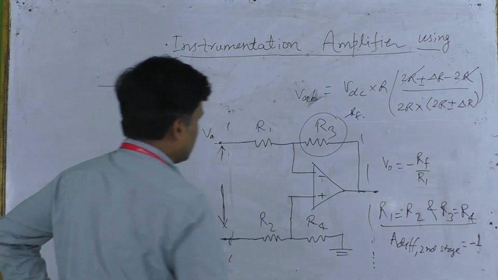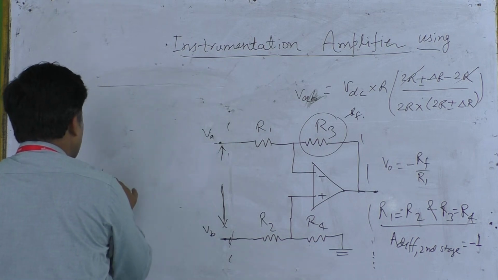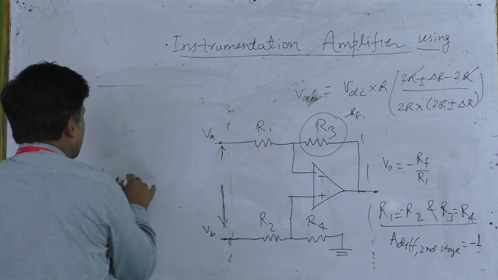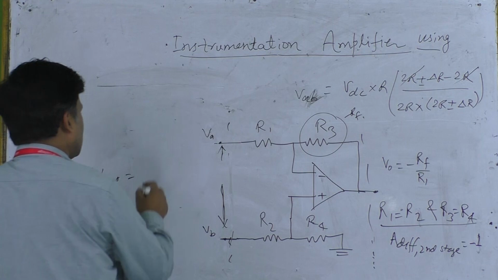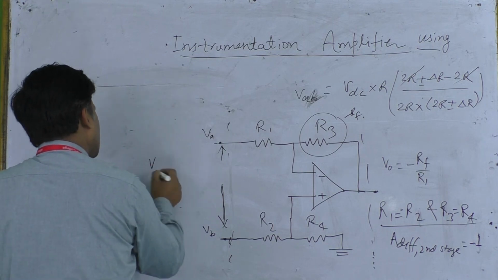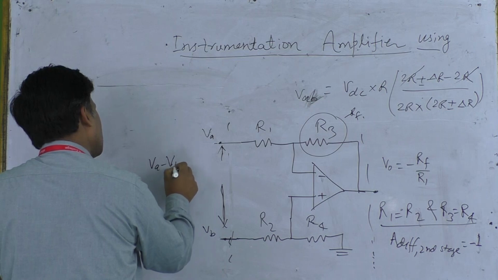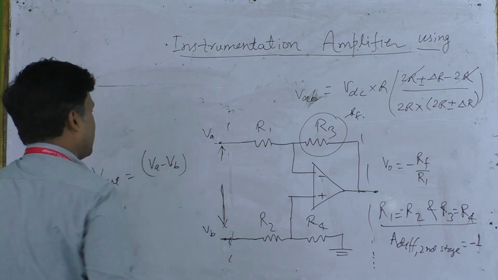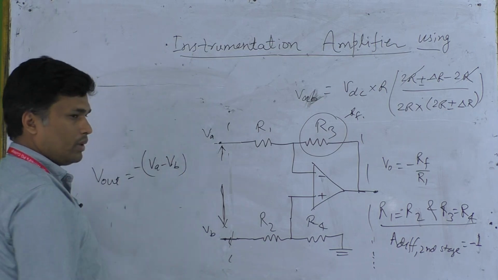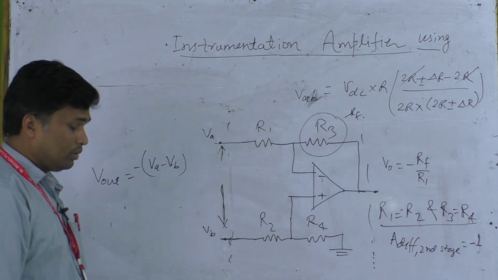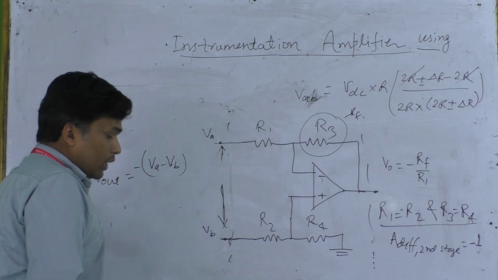And so the output will be simply equal to VA minus VB with negative sign.